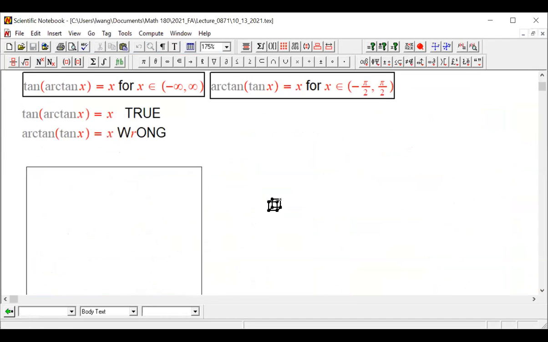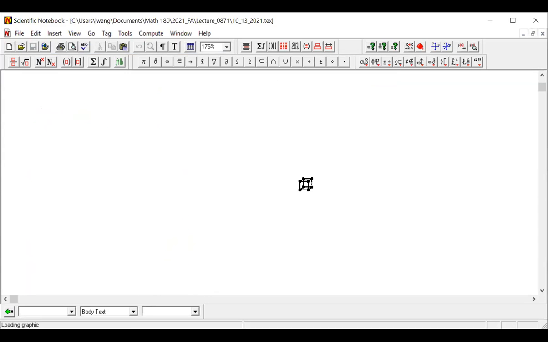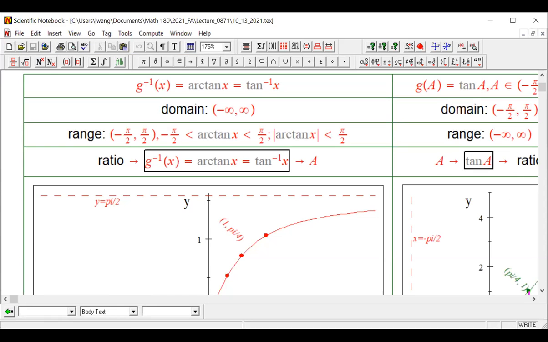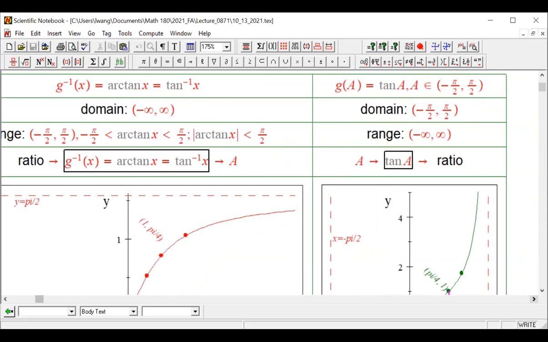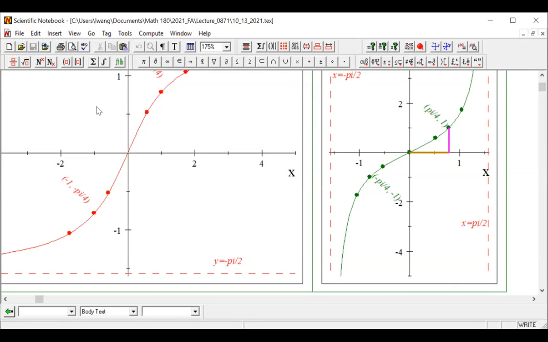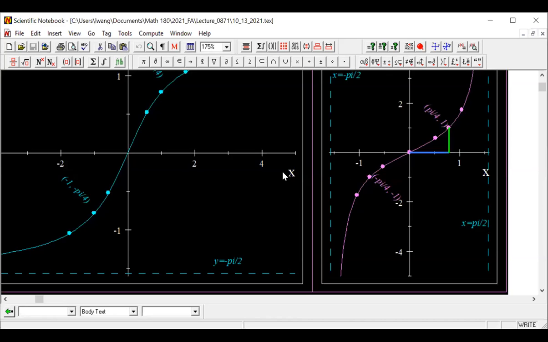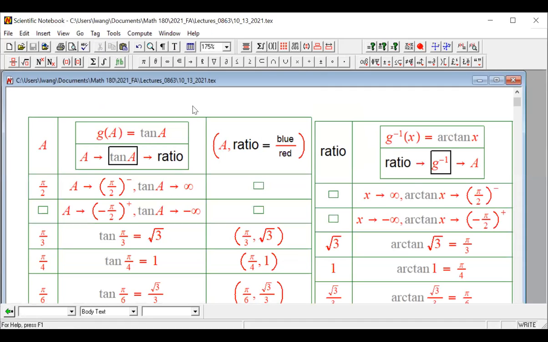So the curve I created. Now we have both curves, right? We have the tangent and the arctangent. We have these two.